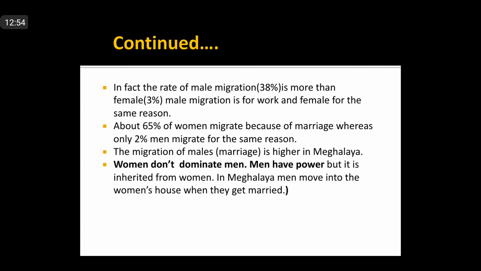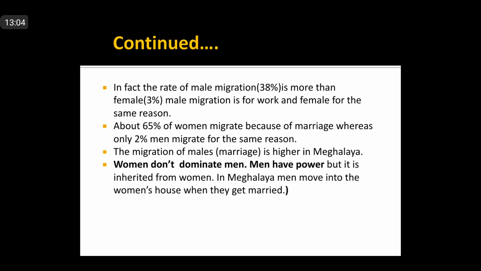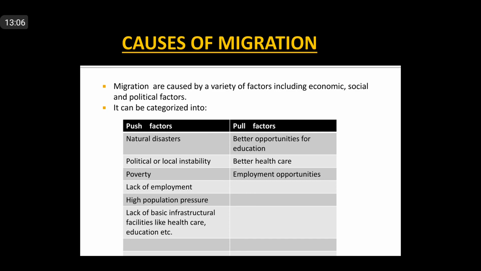Let me tell you once again about the push and pull factors: natural disasters, political or local instability, poverty, lack of employment, high population pressure, and lack of basic infrastructure facilities.